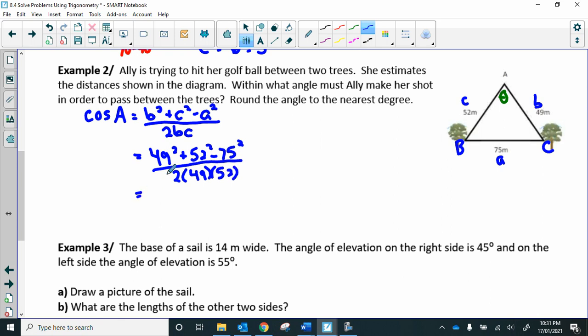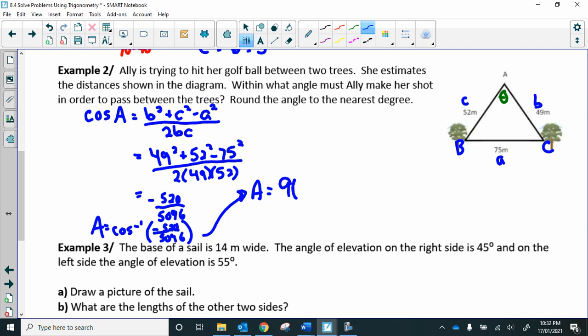And I'm going to go ahead and calculate the top out, which gives me negative 520. And the bottom is going to be 5,096. That's okay that you have a negative. Because I'm solving for an angle, we always use that inverse. And I'm going to plug that into my calculator and round it.